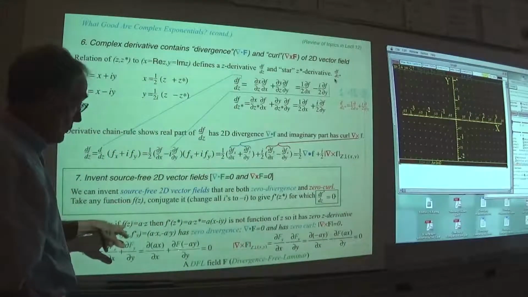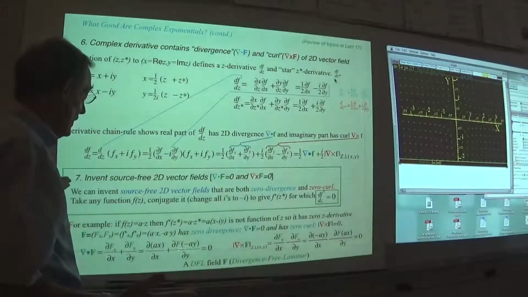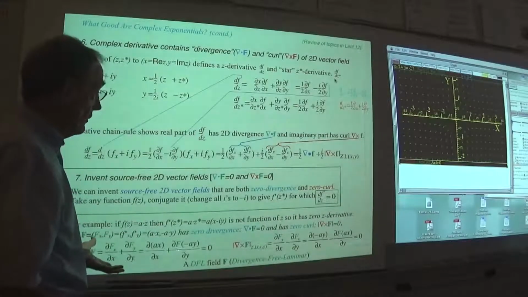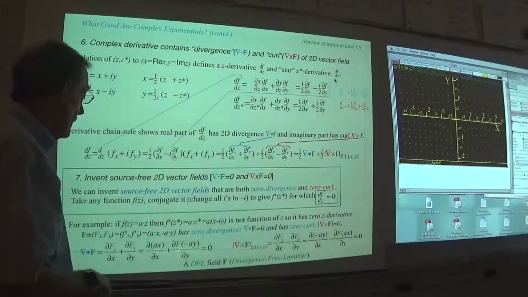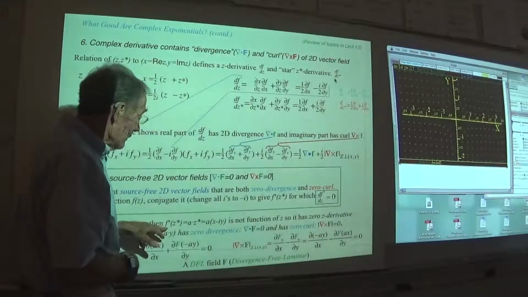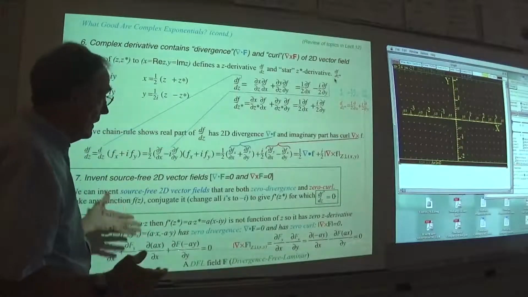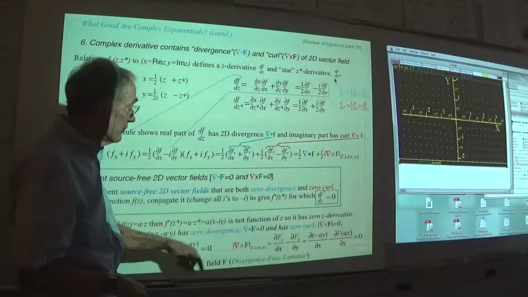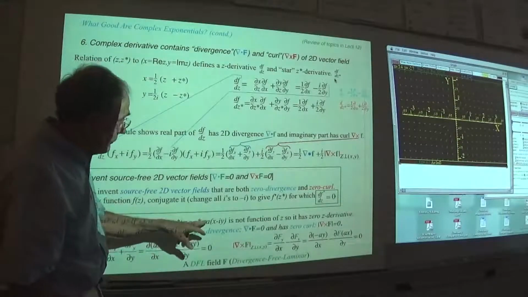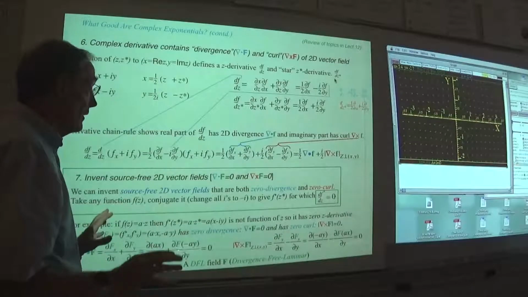For example, the first one we did was just plain old f of z equals z, well, a constant times z, but we left that to be 1. And then we made a field out of the conjugate of that. So all we did was take z and conjugate it, that means put a minus in here. We would have also conjugated the a if it had been complex. That is part of the bargain here.